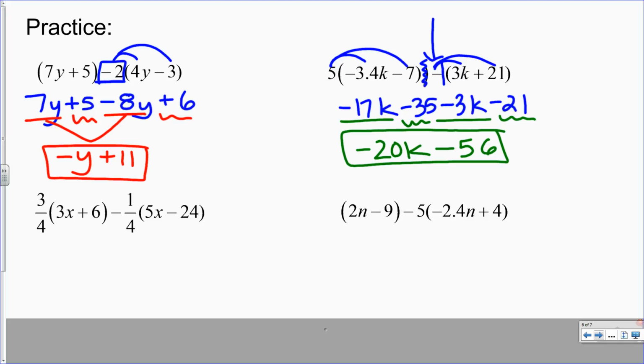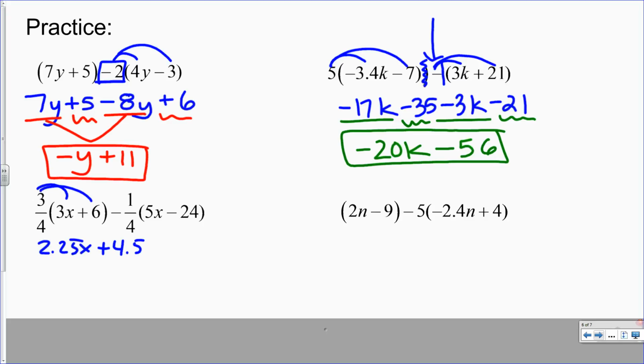Okay, more distributing here. We're going to take 3/4, and we're going to distribute it into both of these. 3/4 times 3x is 2.25x, or 2 1/4x, either way that you want to do that. And then 3/4 times 6 is going to be 4 1/2.